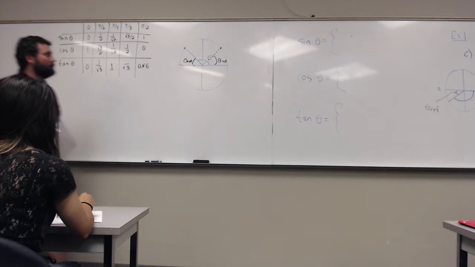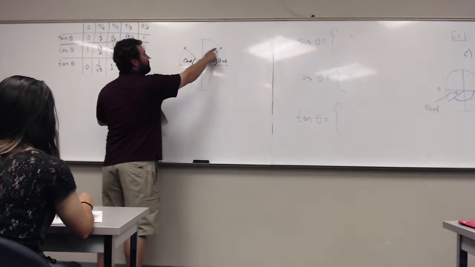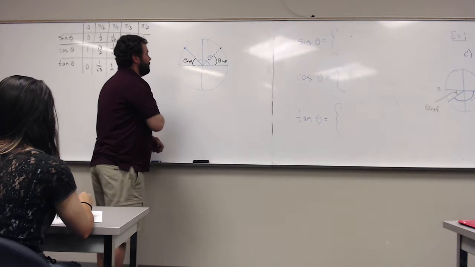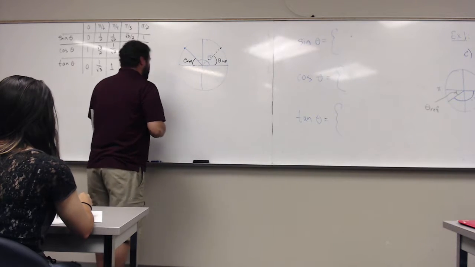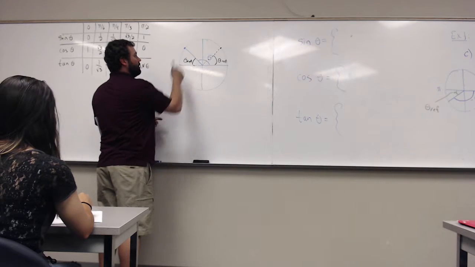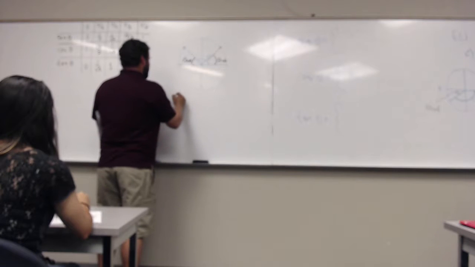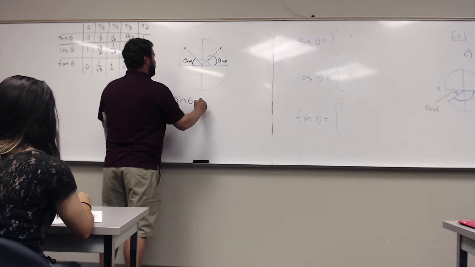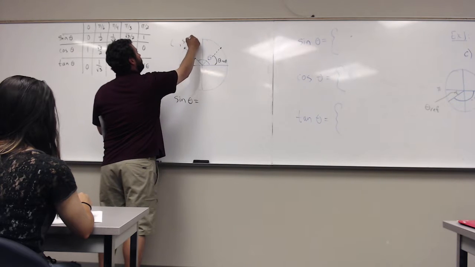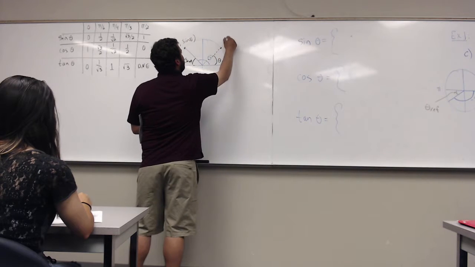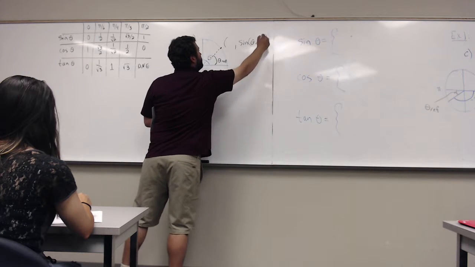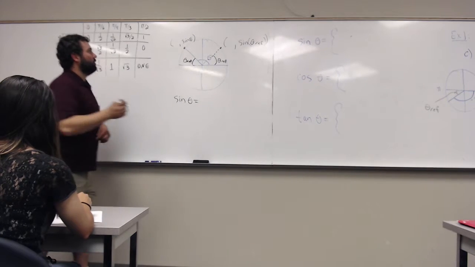Okay. Now, what's true about the y-coordinates of both of these points? They're the same, right? So in this case, if your angle's anywhere in the first or second quadrant, what ends up happening here is that sine theta, which is the y-coordinate of this point, ends up being the same as the y-coordinate over here, which is sine of the reference angle. I don't care what the x-coordinate is.